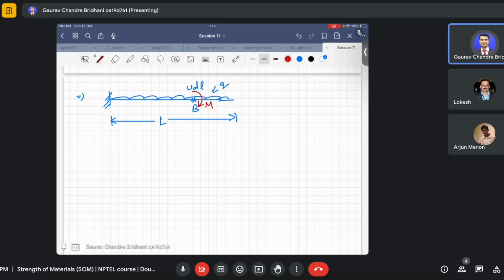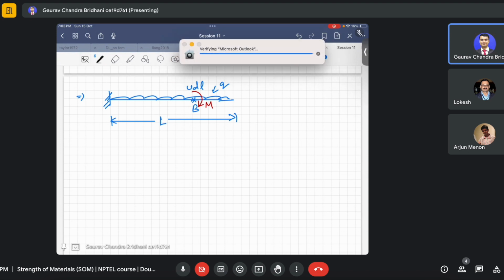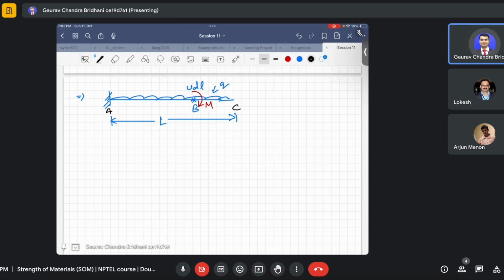Now let's see the bending moment equation. I will mark the points A, B and C, okay: this is B, this is A and C. Now if I write for portion BC, what is the bending moment equation M? It is nothing but minus q x square by 2, simple.